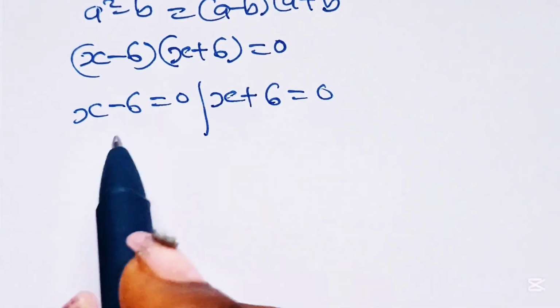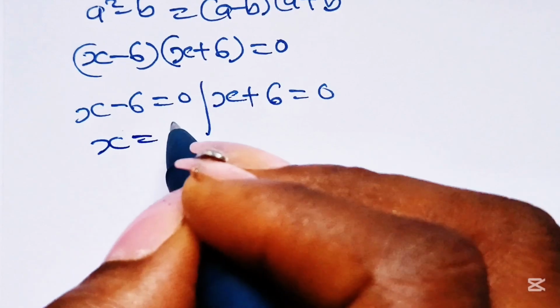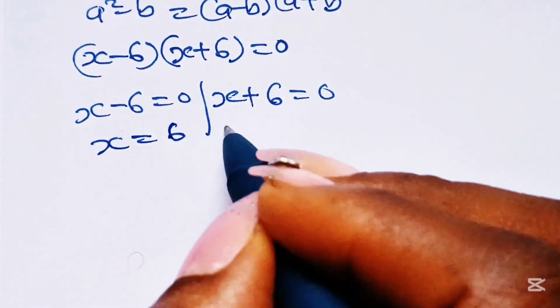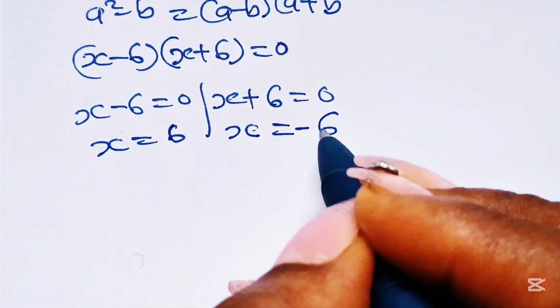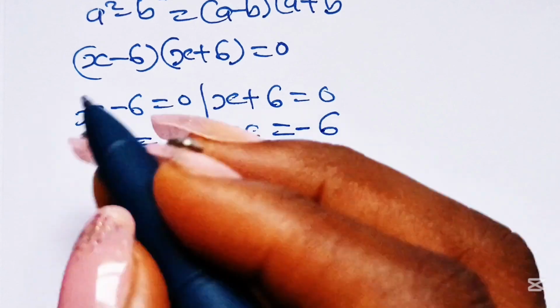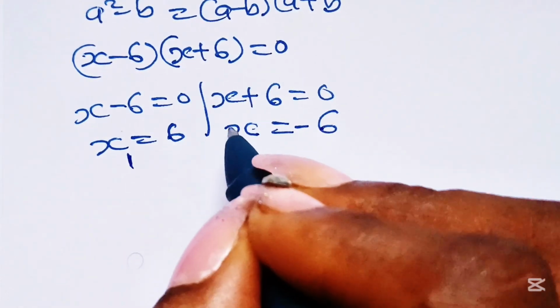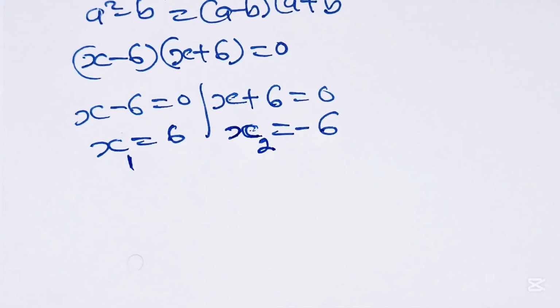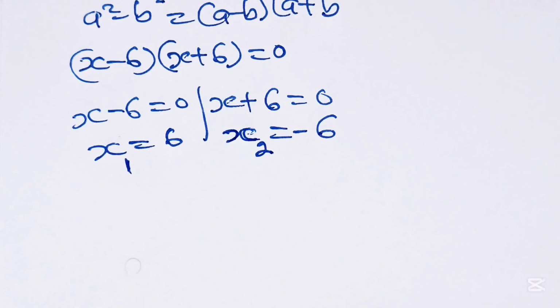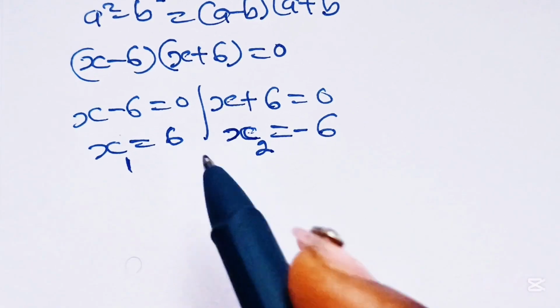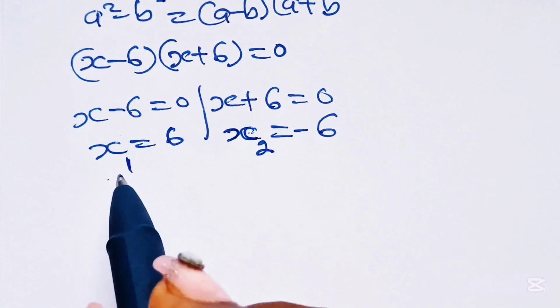From here we can see that x is equal to 6, and from here that x is equal to minus 6. So this is the first value of x, and this is the second value of x. We are going to get 4 values of x, and we are going to substitute all of them to prove that we are correct. So stay tuned.